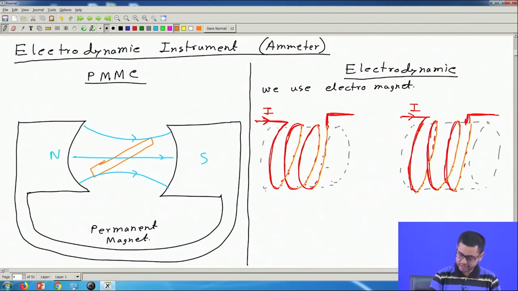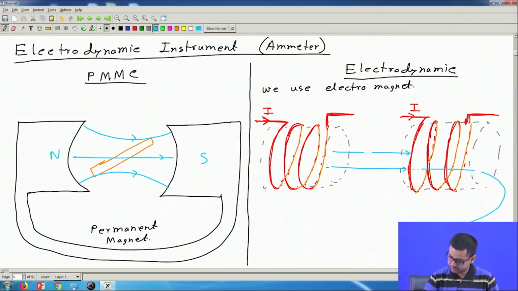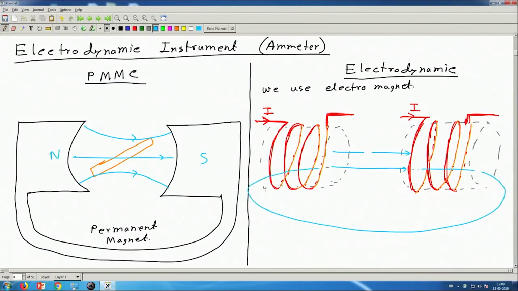So, now if there is some current, it will generate some magnetic flux like this. This can actually be continuous. Okay.